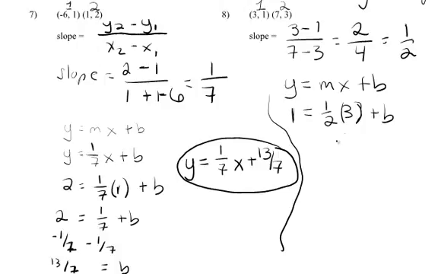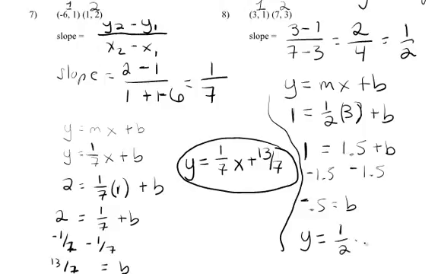So we have 1/2 times 3, 1.5 plus b, that equals 1. Subtract 1.5, we get minus 0.5 is equal to b. So our equation of our line is going to be y equals 1/2 x minus 0.5.